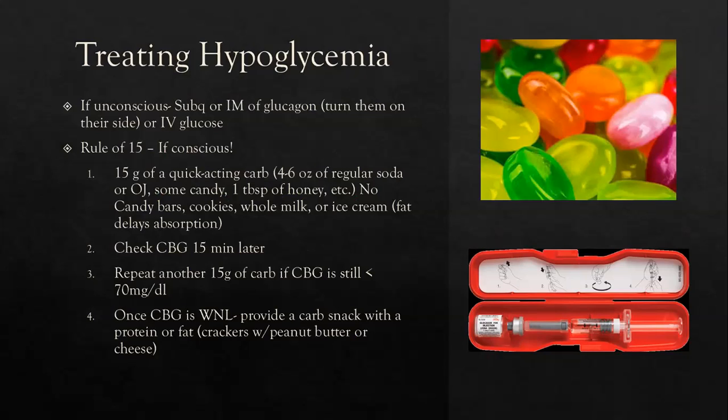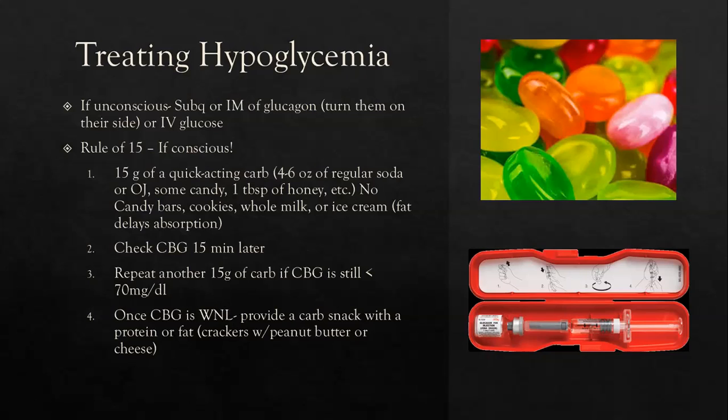Then you're going to wait 15 minutes. CBG is capillary blood glucose. So you're going to check the CBG again. And if it's, again, below 70, you repeat the 15 grams of carbs. Then you wait 15 minutes later, check it again. Hopefully it's within normal limits. That's what WNL stands for, within normal limits.